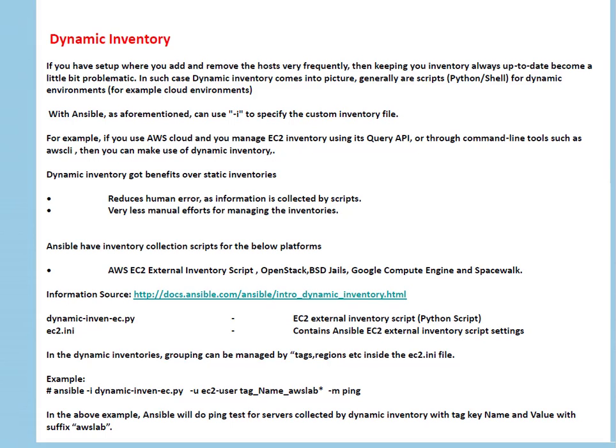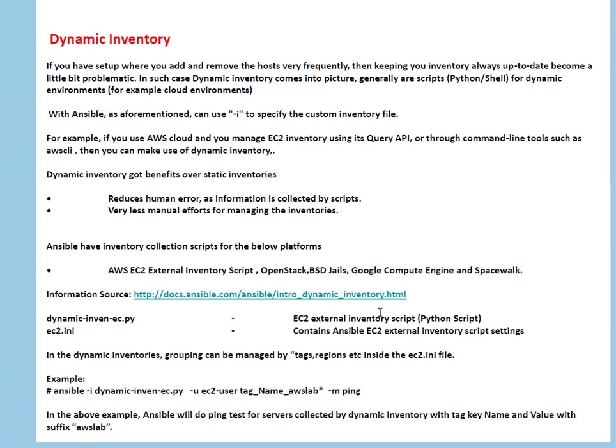Scripts are doing the things on your behalf. Ansible has inventory collection scripts for the below platforms: EC2, OpenStack, BSD Jails, Google Compute, Spacewalk, and many more, friends. You can refer to the Ansible link, which is on my screen, this one, for the latest details.